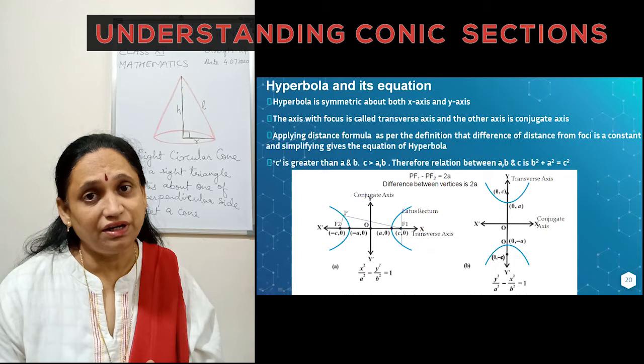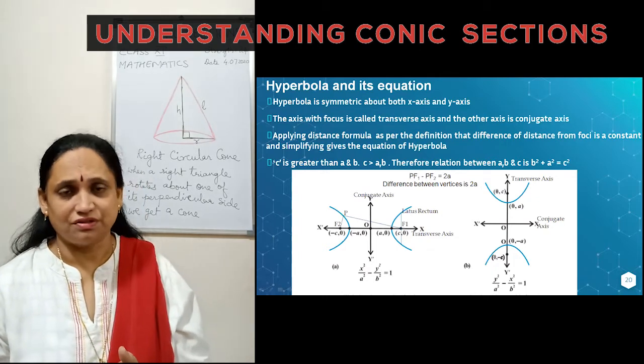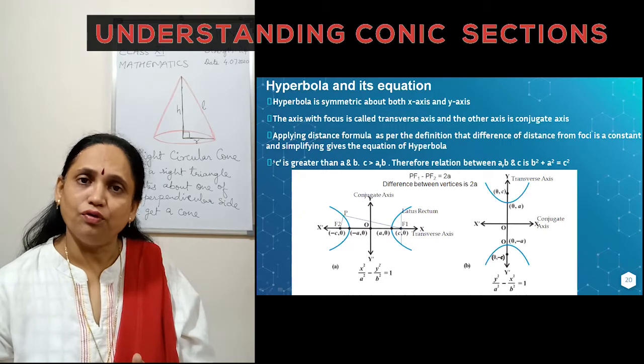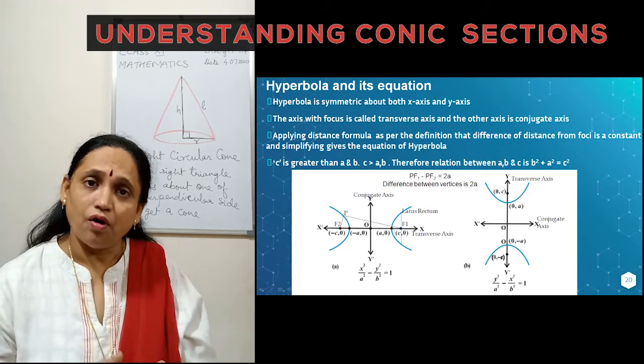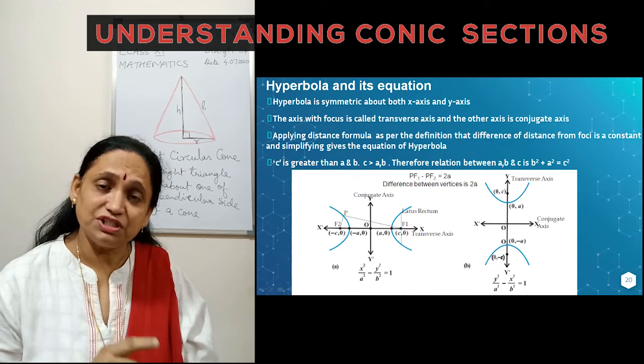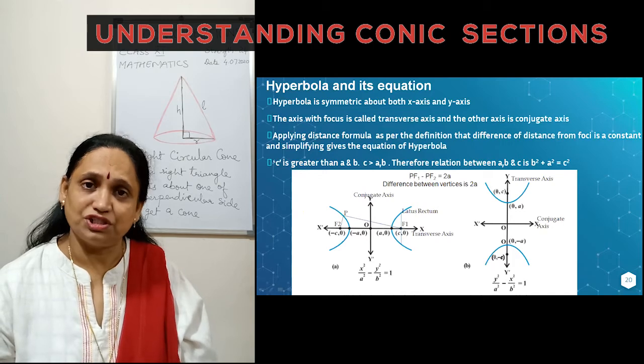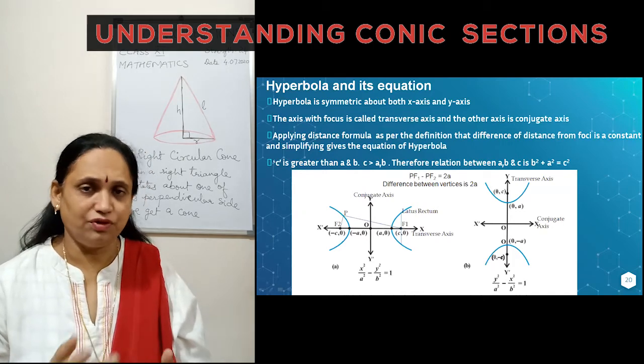Now, how do we define the equation of the hyperbola? We use the definition. The rule that was followed was that the difference of the distances from the foci is a constant, and this is called a hyperbola. So we use the same concept.